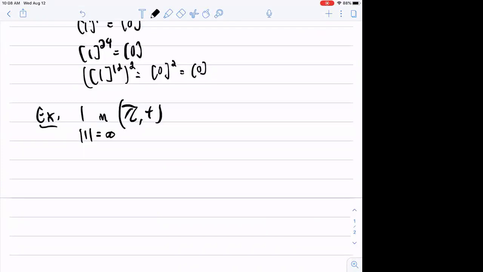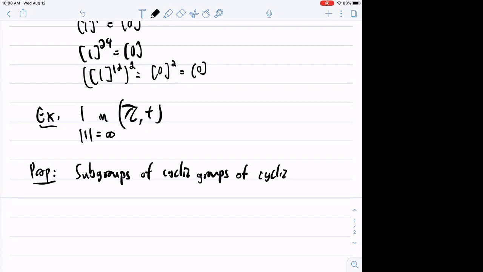So now there are some propositions. I write proposition. I'm not sure if it's theorem or proposition in the book, but let's just say proposition. Subgroups of cyclic groups are cyclic. So that's something we'll use later on.